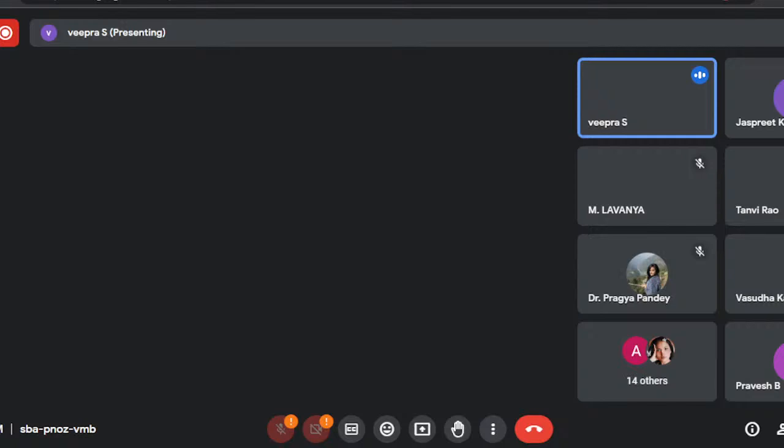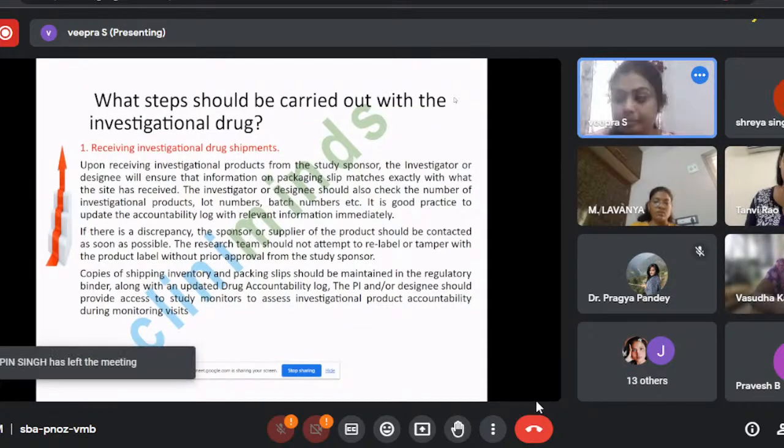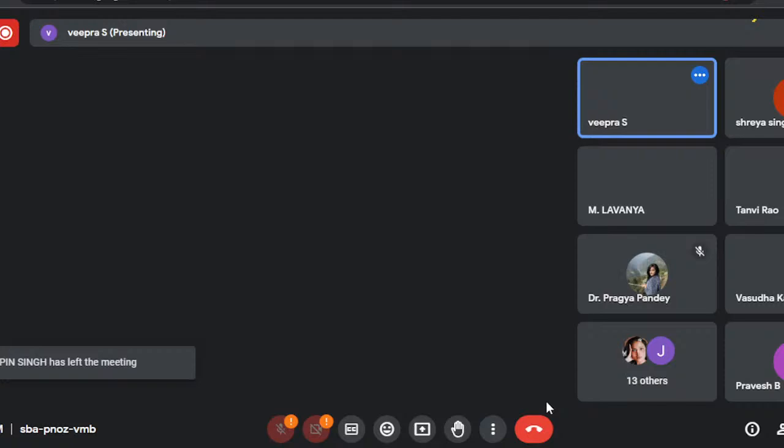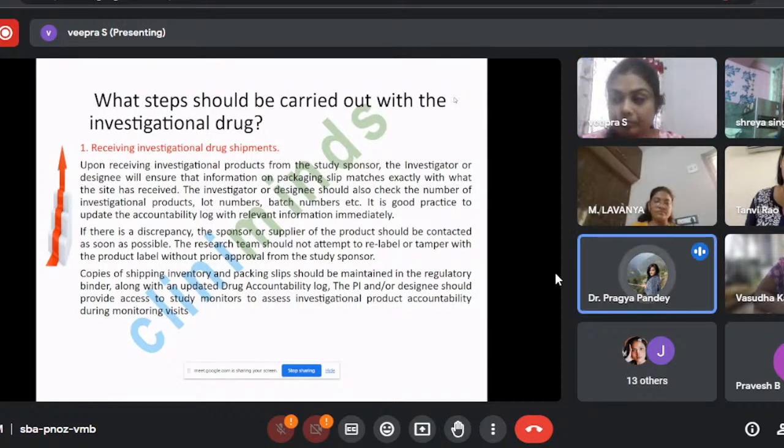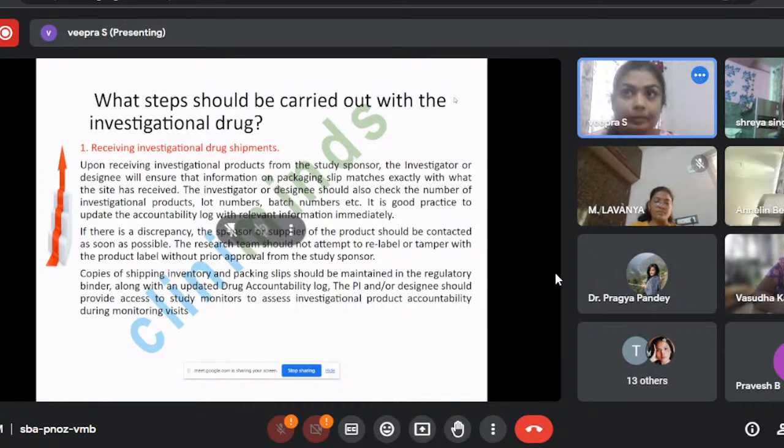What is present in the IP shipment document? Date of shipment, batch number, consignment number. Then what will be contained?